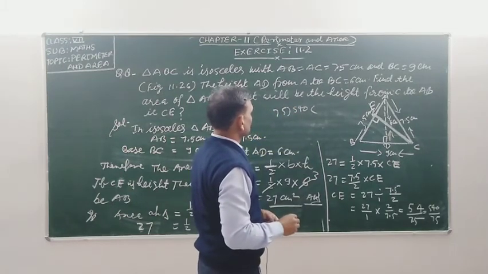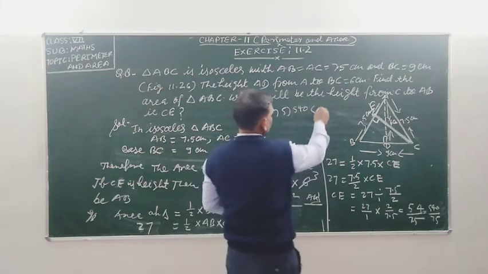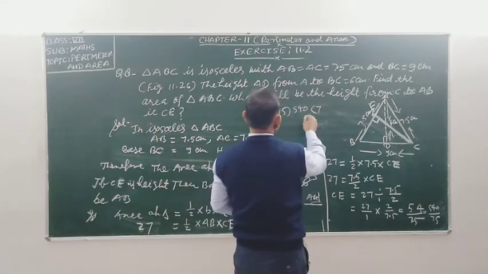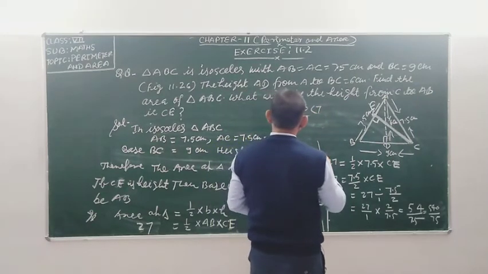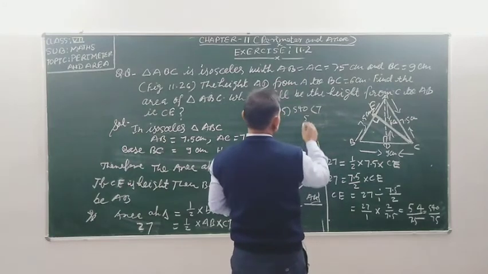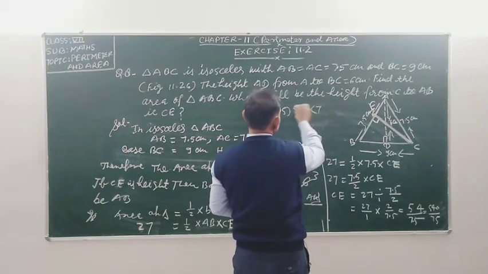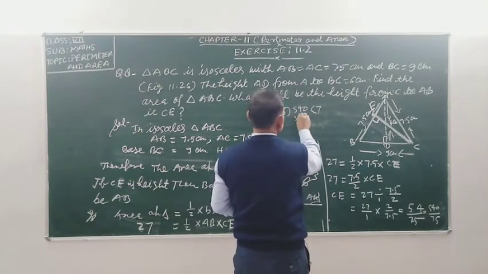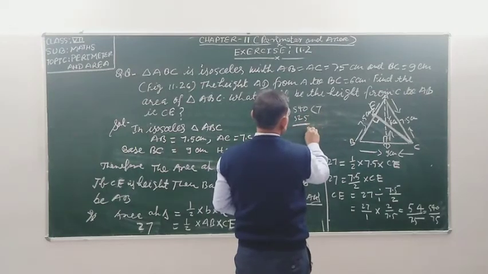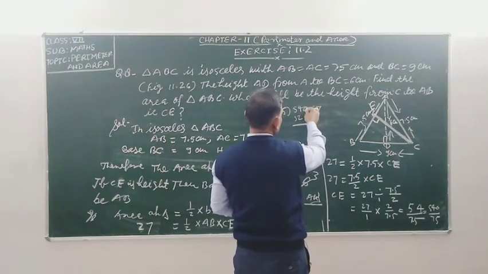So 7 sevens are 49, student, 7 fives are 35, 3 is carry, 150, 52. Yes, right. 10 minus 5 is 5, 10 minus 5 is 5, 3 minus 2 is 1.